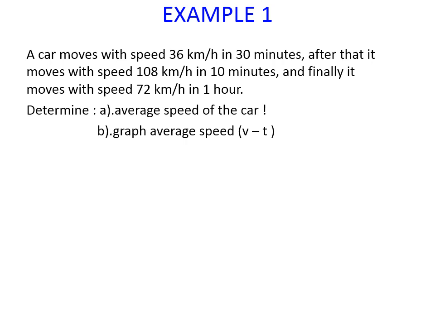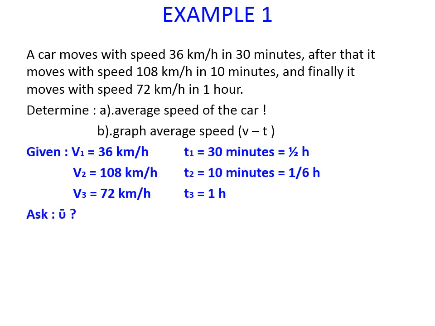From the problem, we can get the given information: v1 equals 36 km per hour, t1 equals 30 minutes equals half an hour, v2 equals 108 km per hour, t2 equals 10 minutes equals 1/6 hour, v3 equals 72 km per hour, t3 equals 1 hour.